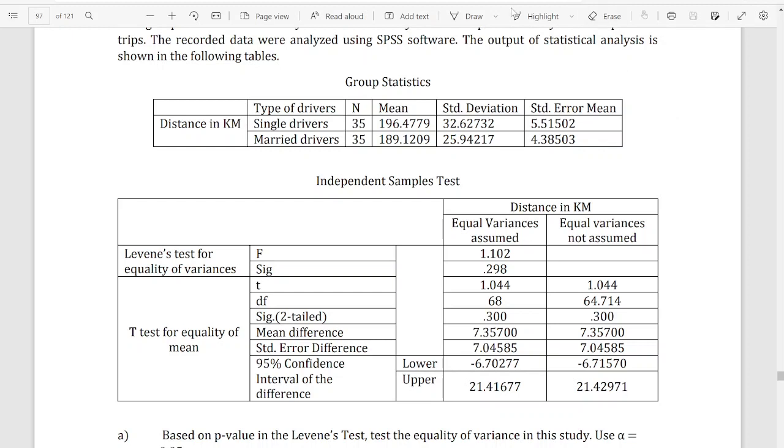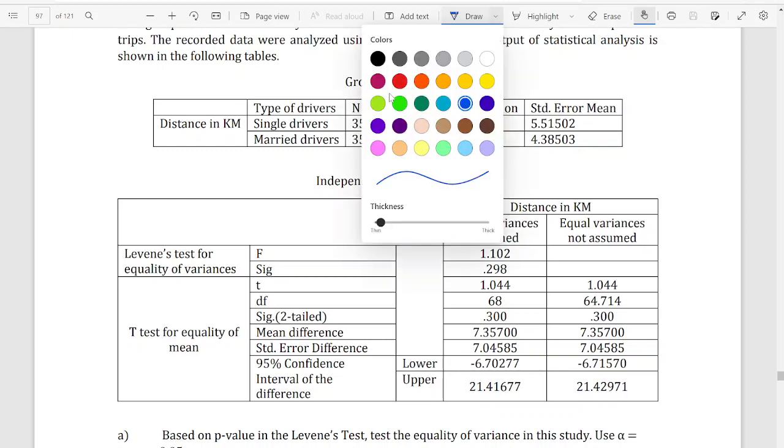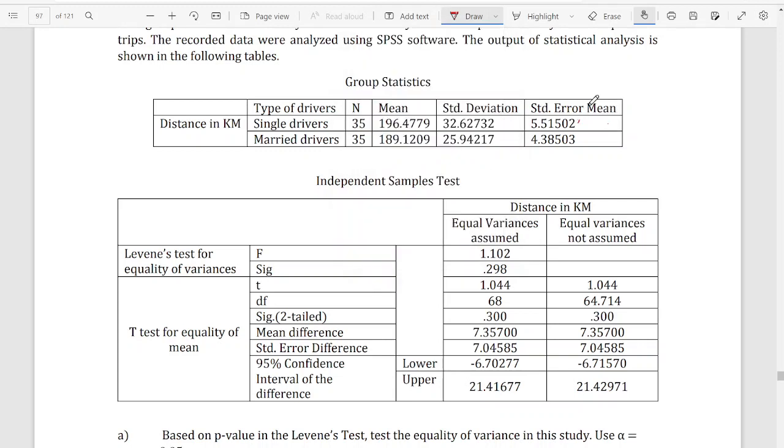Okay, so basically for this part, this is actually the standard deviation, and then you divide by the square root of n.